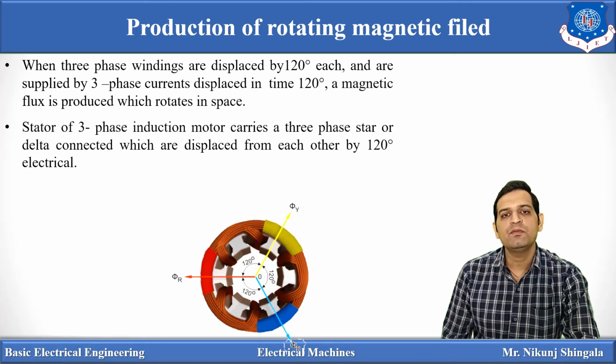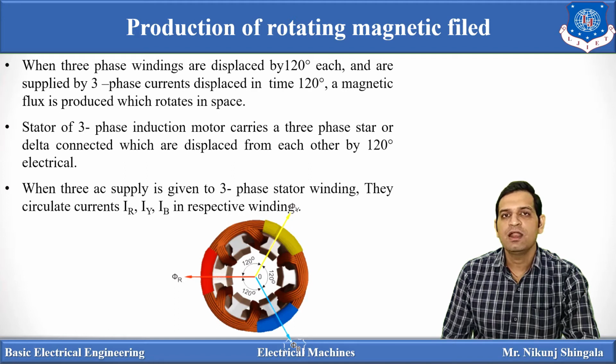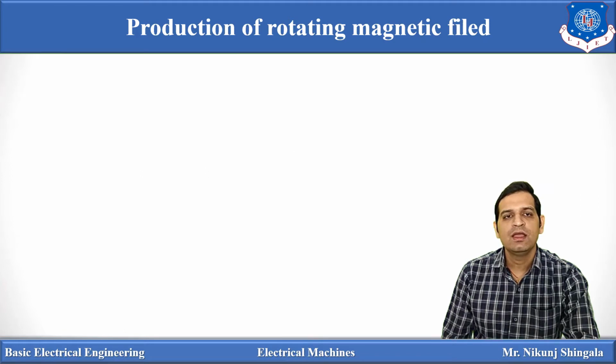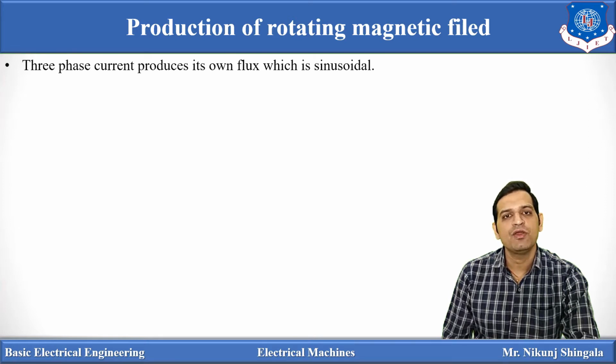Stator of a three-phase induction motor carries a three-phase star or delta connected winding which are displaced by 120 degree electrical angle, and when the AC supply is given to the three-phase winding, three circulating currents IR, IY and IB start flowing in R, Y and B phase of the winding. And this circulating current will produce its own flux which is sinusoidal, because the three-phase supply is sinusoidal, the current is sinusoidal, so the flux produced will be sinusoidal.